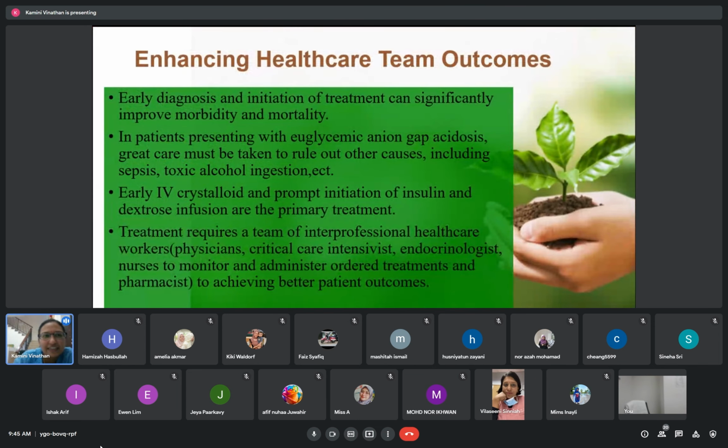So, enhancing healthcare team outcome: early diagnosis and initiation of treatment significantly improve the morbidity and mortality of euglycemic DKA.